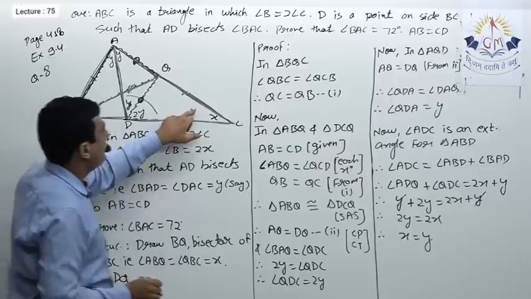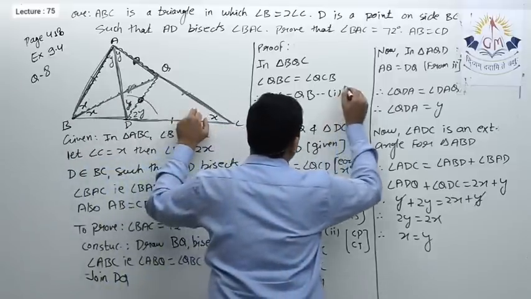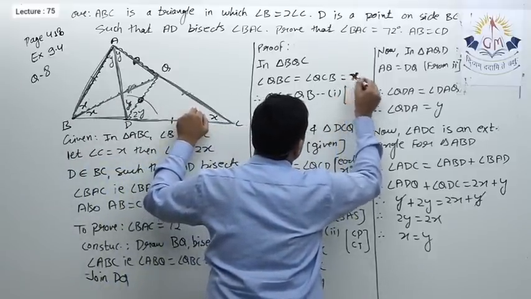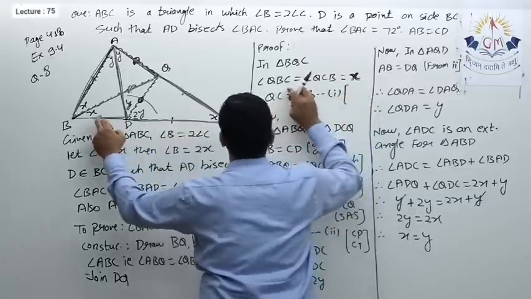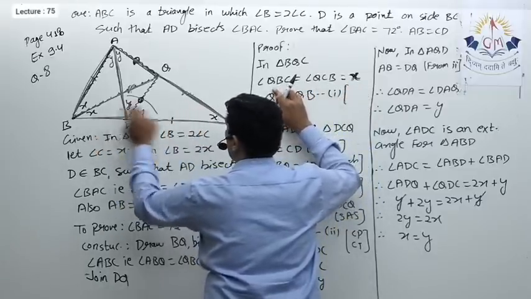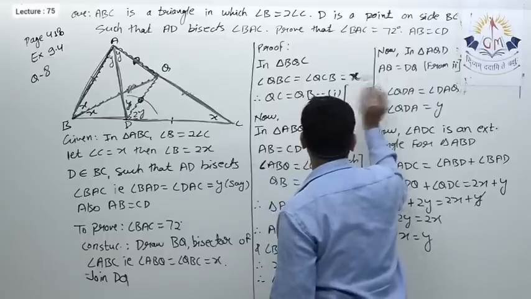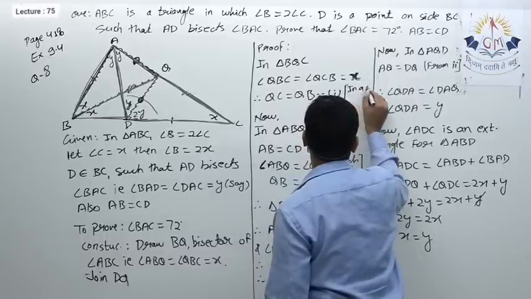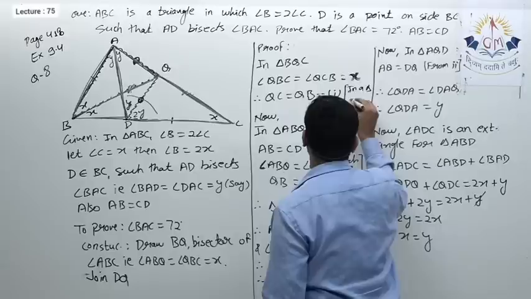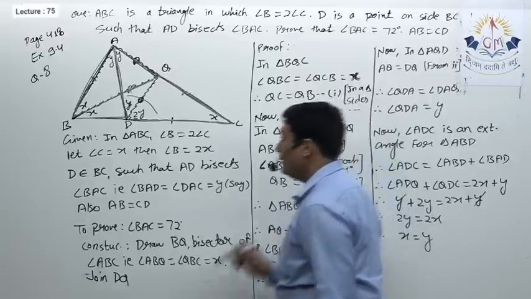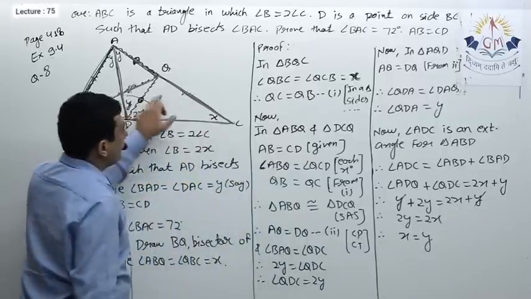Here I didn't write the reason, so I am leaving it for you: in a triangle, sides opposite to equal angles are equal. So we got BQ equal to QC.